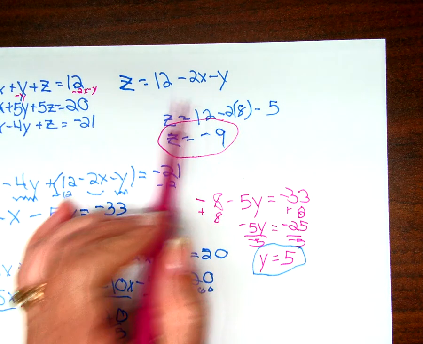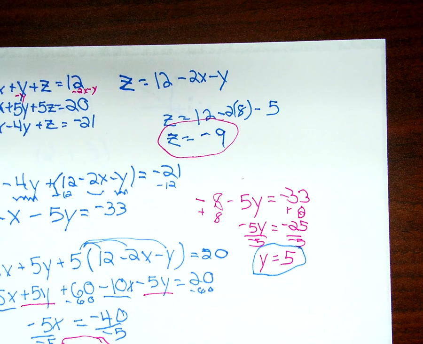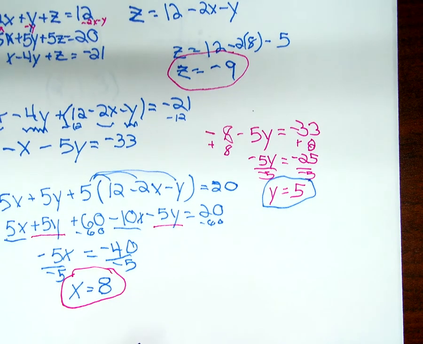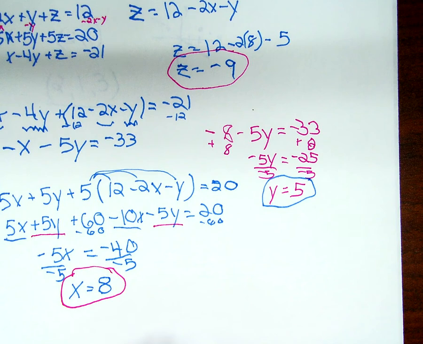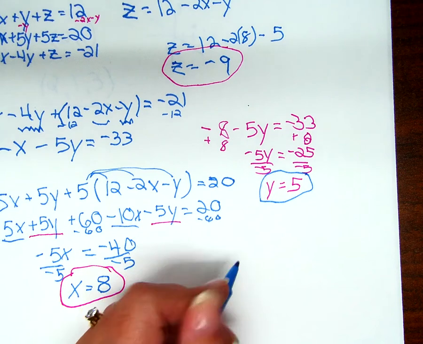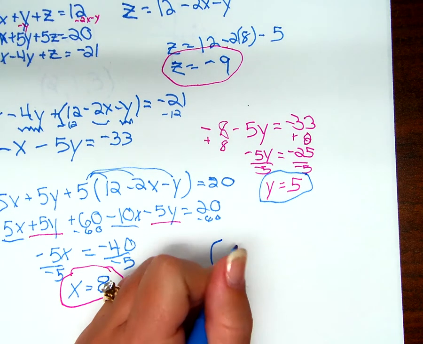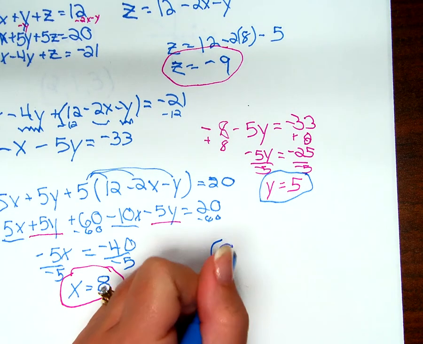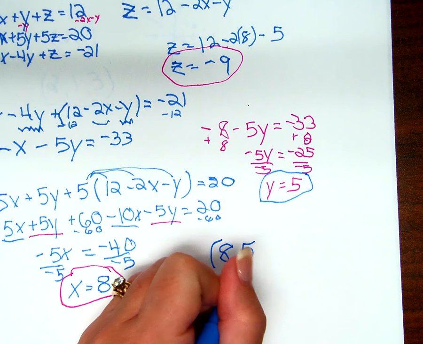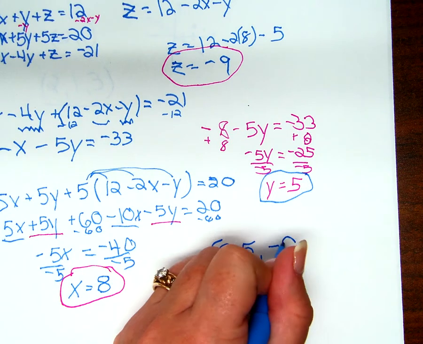Now I have to figure out how to write my answer. How do you know it's that order? It's alphabetical, right? X, Y, Z. Okay. 8, 5, negative 9.